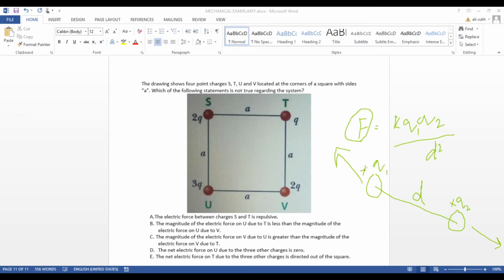Whereas if you have opposite signs, plus and negative, your answer would be forces attracting towards each other. Same value, but opposite directions. In this case, we have four charges. That means we have to deal with them one at a time. That's why I drew arrows at each charge. At each charge, you have three forces applied by three other charges.